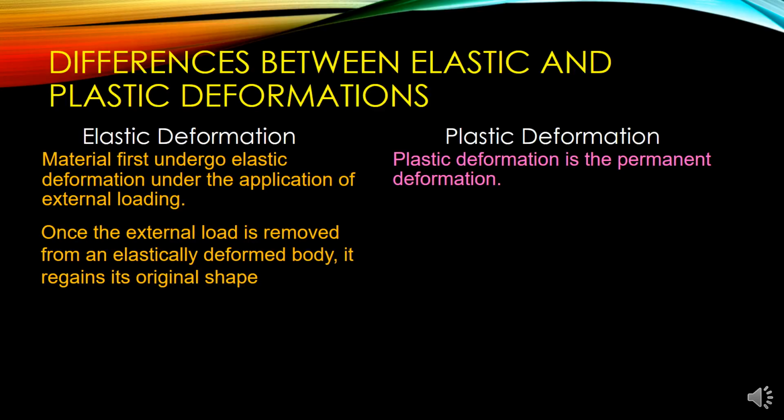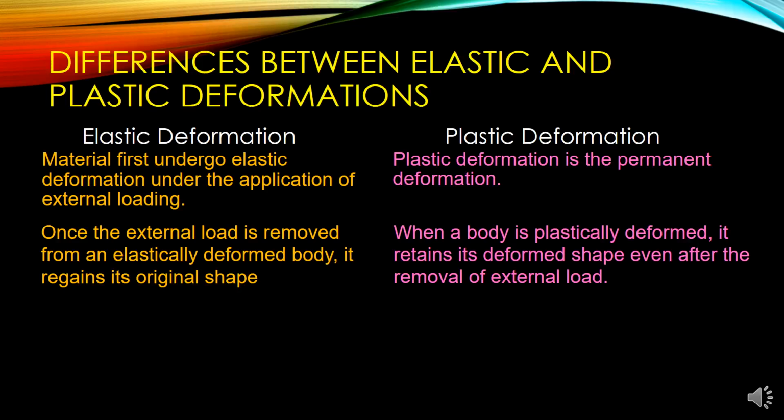In elastic deformation, once the external load is removed from an elastically deformed body, it regains its original shape. In plastic deformation, when a body is plastically deformed, it retains its deformed shape even after the removal of external load.